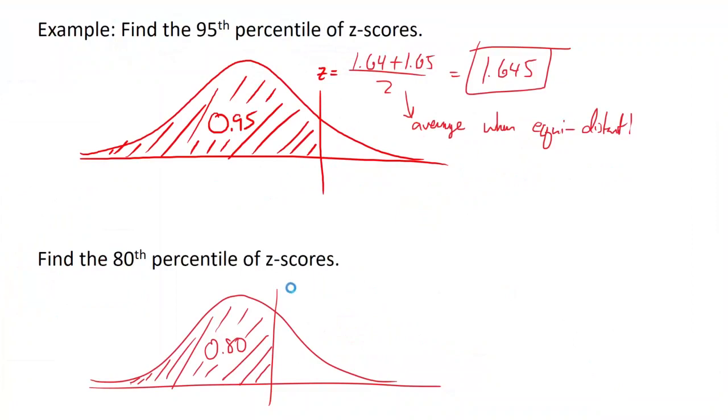But it is possible to have a more precise z-table. It's actually possible to have an infinitely precise z-table because there's a function that describes that curve. It's a really complicated function. You don't need to write this down, but you could.